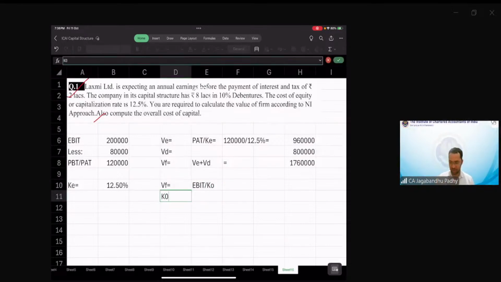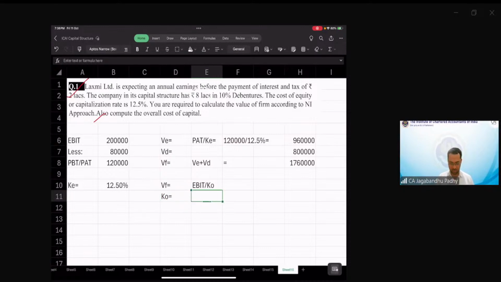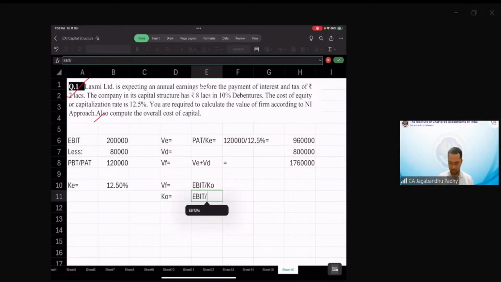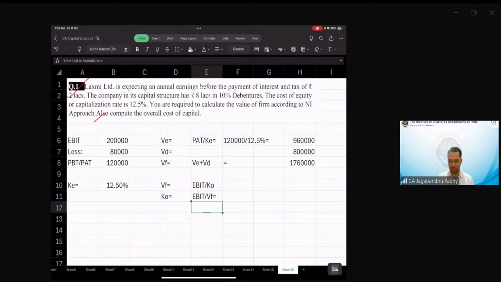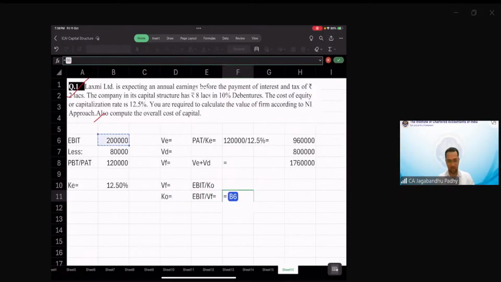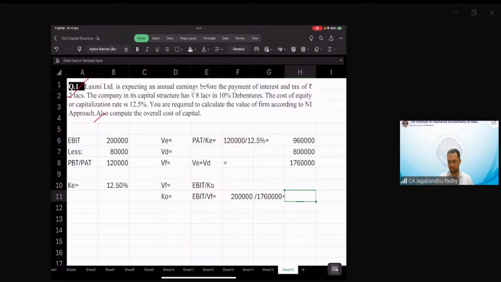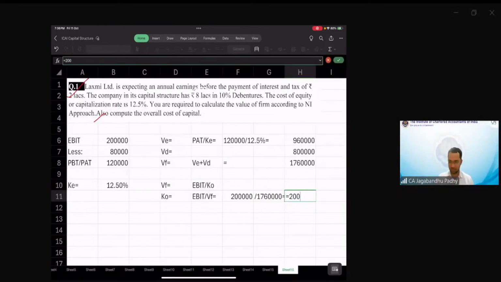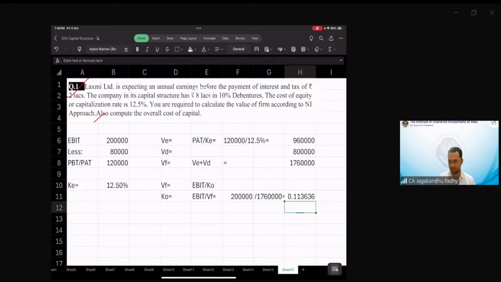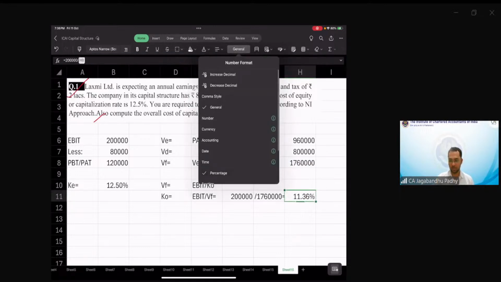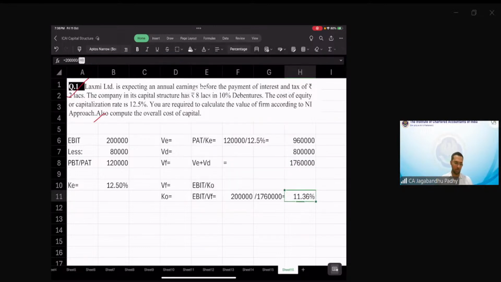So rearrange this and you can simply say KO is EBIT upon value of the firm. So EBIT is 2 lakh and then you divide it by 17,60,000. Can I say the overall cost of capital is 11.36.